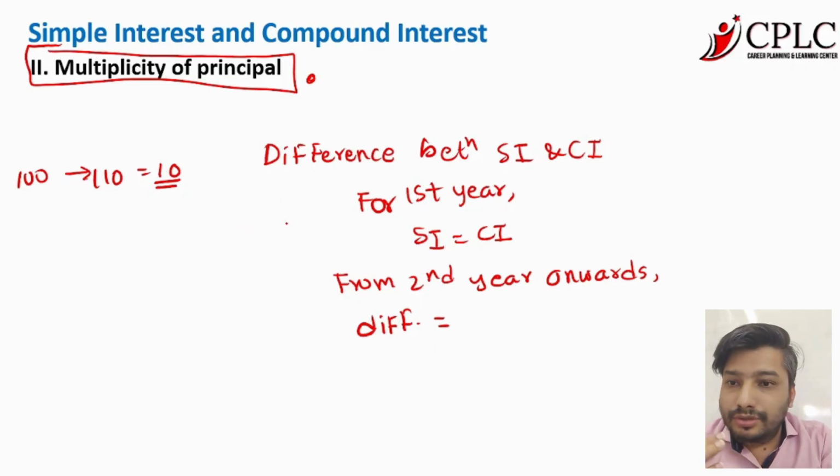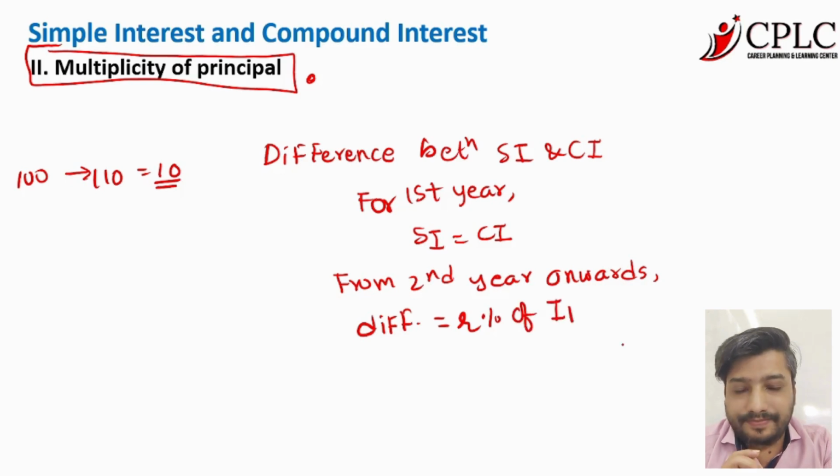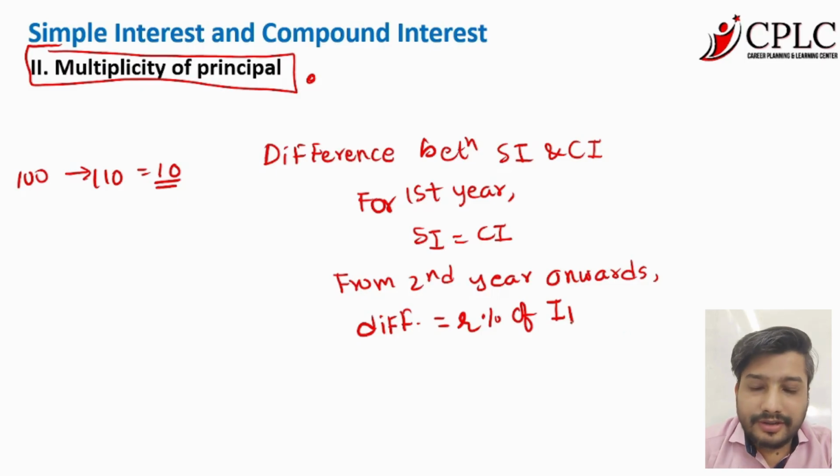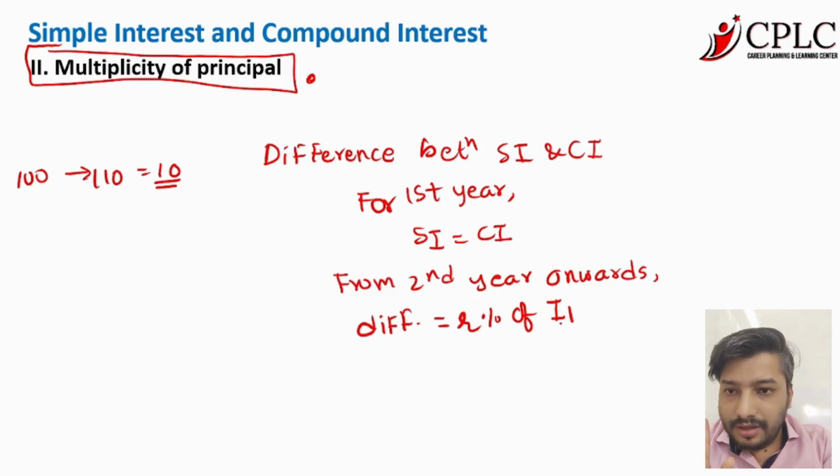So this 10 rupees difference for the second year can be represented in the formula as R% of I1, where I1 is the first year's interest. If you remember, the first year's interest was 100, and 10% of 100 gives us the 10 rupees difference, and that is why the formula is R% of I1. Just simply remember that I1 is the first year's interest.